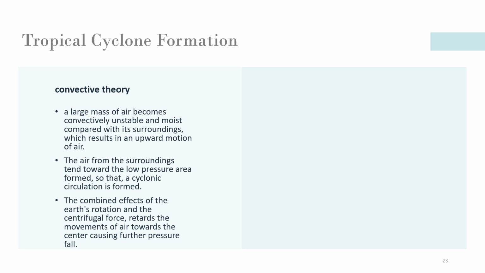And aside from this convective theory, we have another one called the frontal theory. So this frontal theory is indicating that many tropical cyclones are formed along the front between the trade winds and the equatorial air in the doldrums.